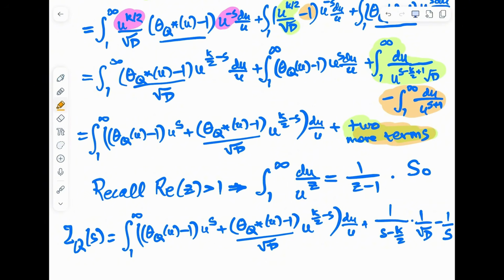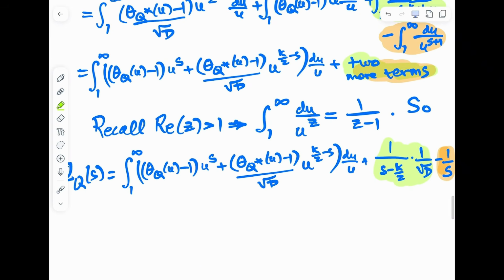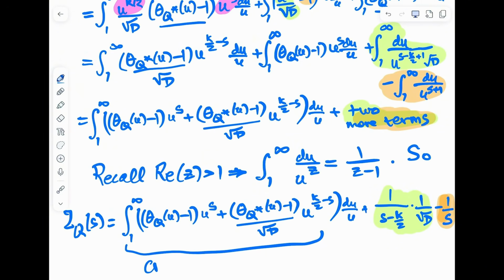So that bit evaluates to 1 over s, and the other bit is that. And so now, look at that. This whole thing here, because I'm integrating from 1 to infinity, is an entire function.